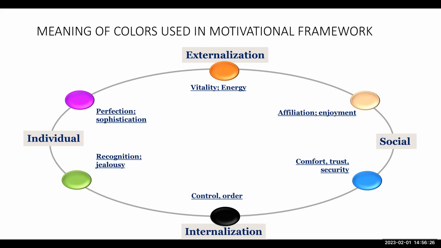There are 6 motivations in the universe, and these 6 motivations are coded with colors, and these colors and their meanings have been valid over the years. So like I said, purple is perfection, green is recognition and jealousy, red is vitality, orange is affiliation, blue is security.